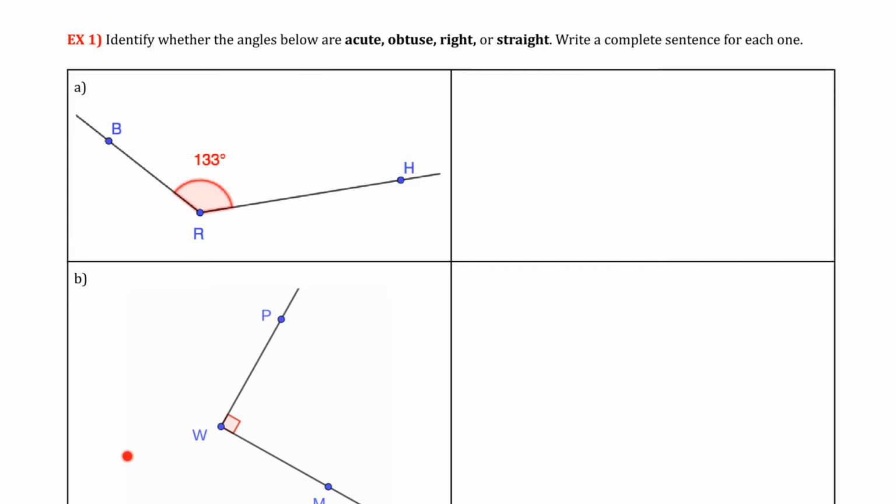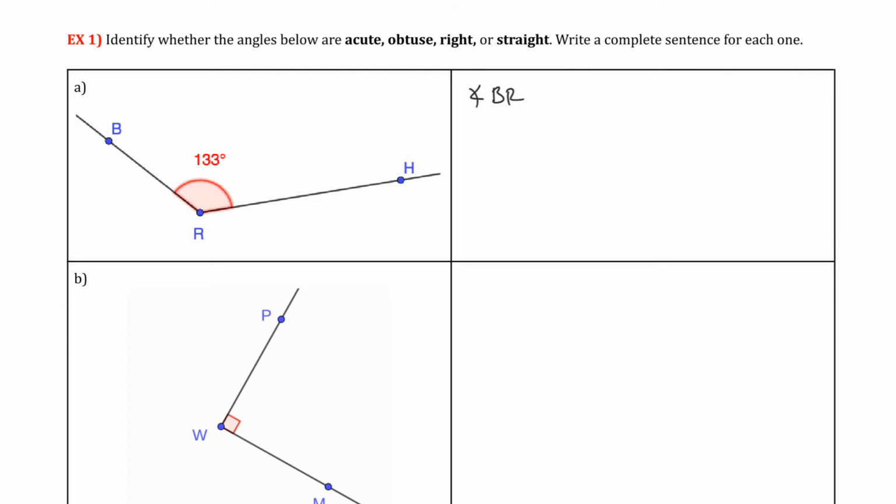Okay, so taking a look at example A. Here we have an angle. Again, when I start naming the angle, I need to use one of the points on the sides. I cannot start with the vertex. So I can call this angle BRH or HRB. And I notice that angle BRH is 133 degrees. So because this is more than 90 degrees, here's what we can say.